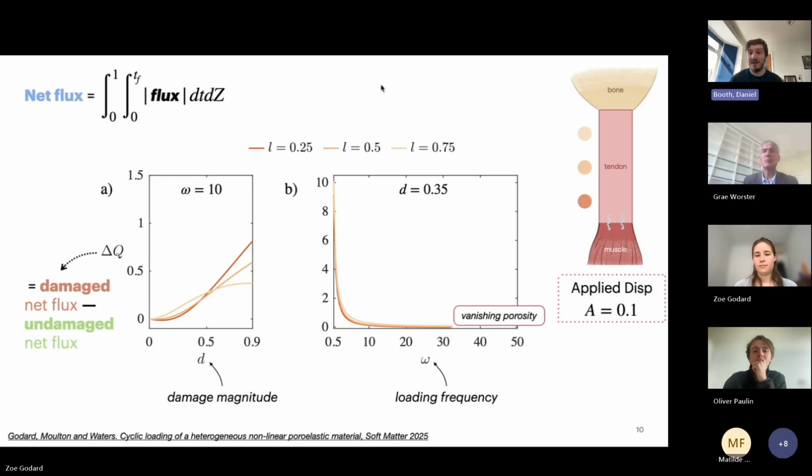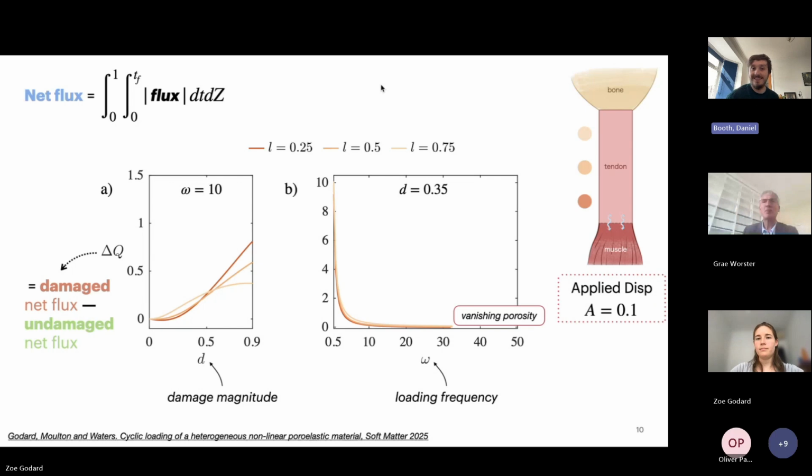Brilliant. Are there any more questions for Zoe? Oh, sorry. Yeah, can I just come back on? Yeah. It just occurs to me, you're taking these moduli, so your net strain, for instance, is the integral of the modulus of the strain.